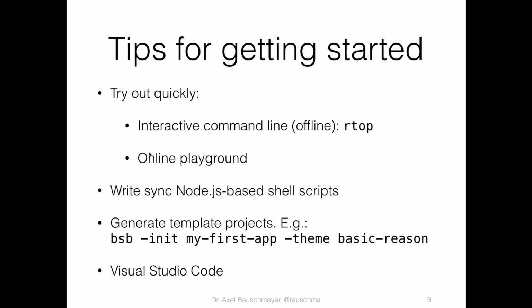You also have an online playground where you can try out, and you see 3 versions of the source code. So you type in the ReasonML source code, then below it you see the OCaml version of it, and then to the side you see the JavaScript version. So you can check the quality of the generated JavaScript, what that looks like.